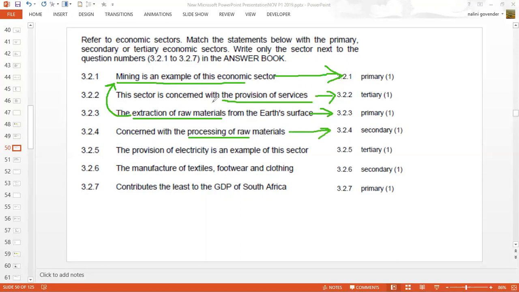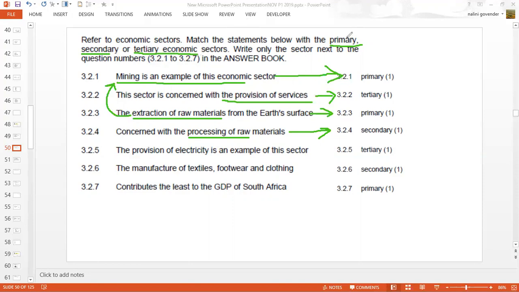And as you can see, in Module 4, we have been speaking of economic geography, of the country's economy. And you know by now that the primary sector, the secondary sector, and the tertiary sector are all parts of our country's economy. They all make a contribution to our country's economy.